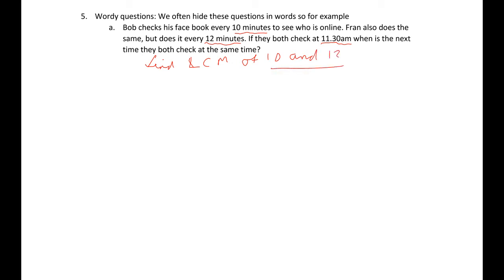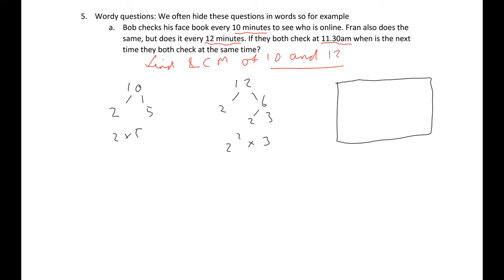It wants me to find how long it takes for 10 and 12 to happen at the same time again. So I take my 10, and I split it into 2 times 5. I take my 12 and I split it into 2, 6, 2, 3, 2 squared times 3.